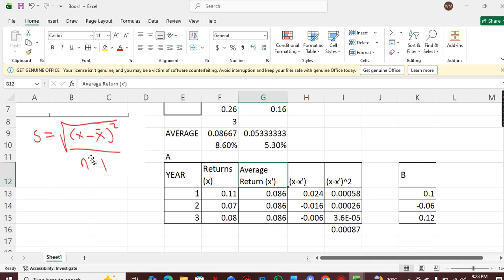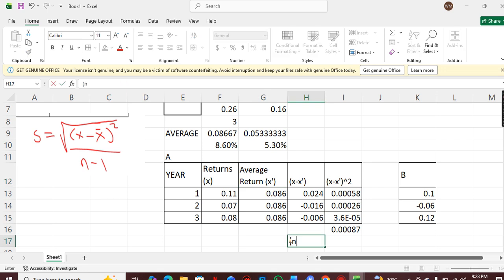Remember, n is just the number of data points. We've got 3 data points, so n minus 1, which is 3 minus 1, you get 2.